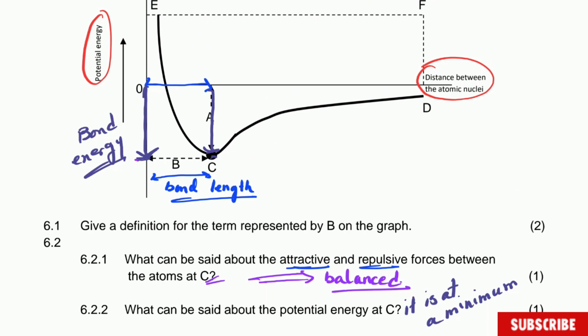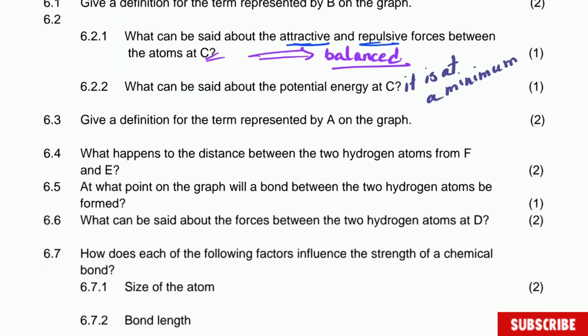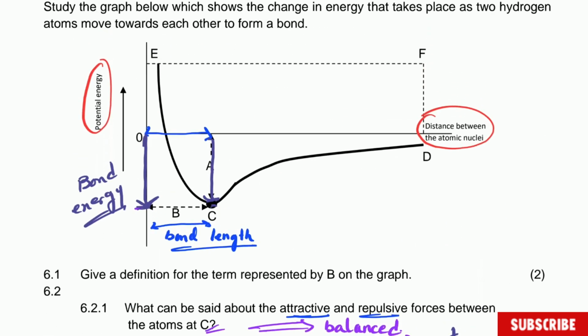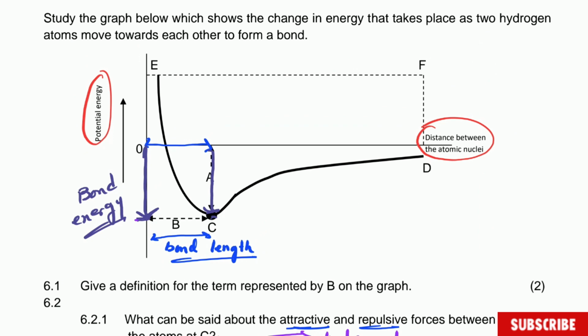What happened to the distance between the two hydrogen atoms from F to E? Now from F to E, if you go to the graph, it means in that direction there to the left. As the atoms are moving there, the distance between the atoms, you can see it in the graph, becomes smaller. At this point the atoms are quite far from each other, so that is why the bond cannot form.